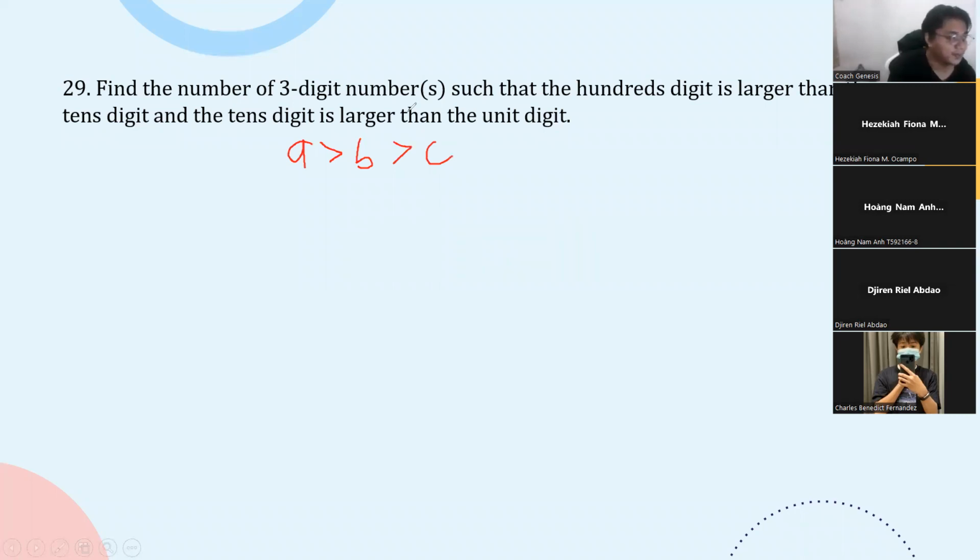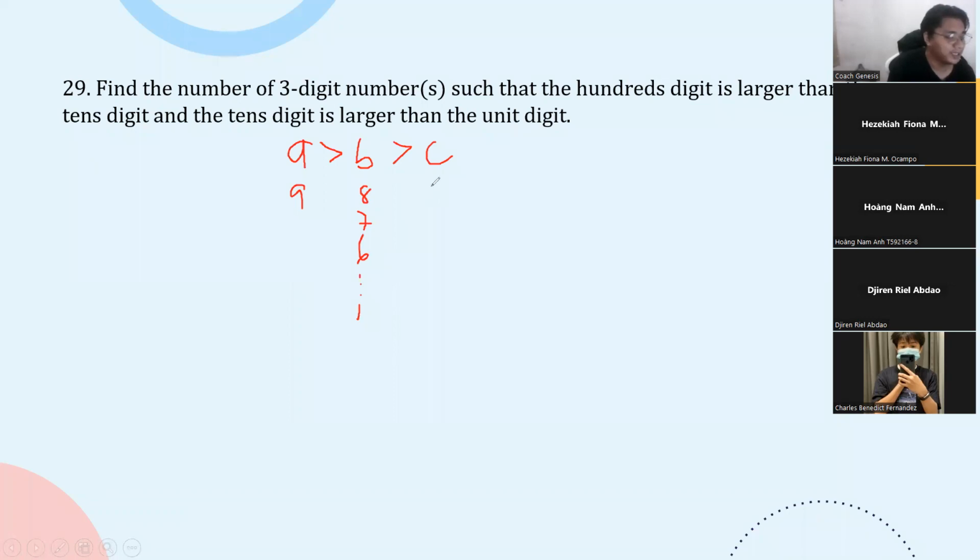So we'll start with, of course, 9. How many possible values for B? We have 8, 7, 6, until what number? 1. Because you can't have 0.